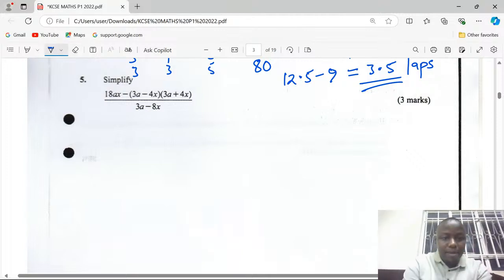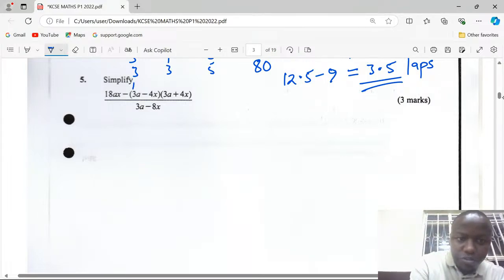Simplify 18ax minus (3a minus 4x)(3a plus 4x). Something we are supposed to understand is that we need to first of all expand.